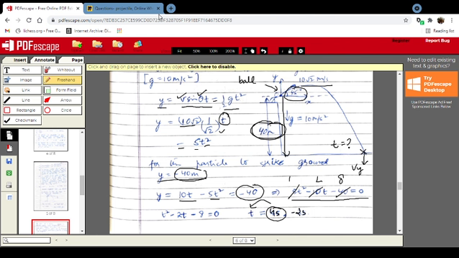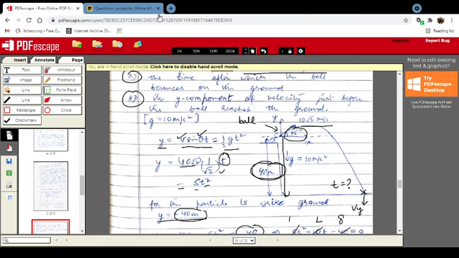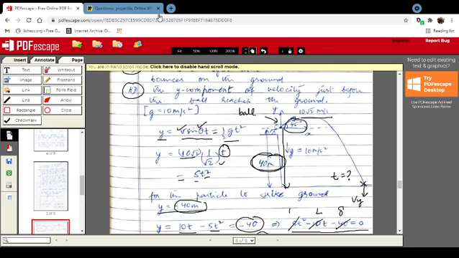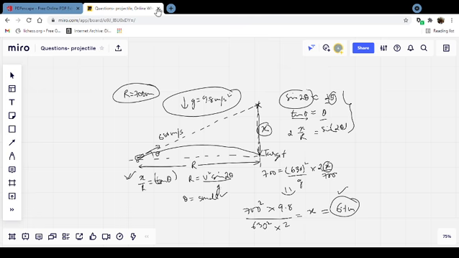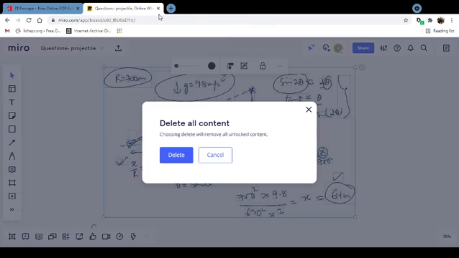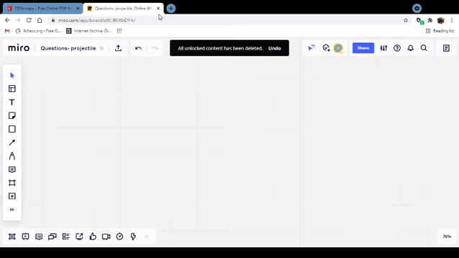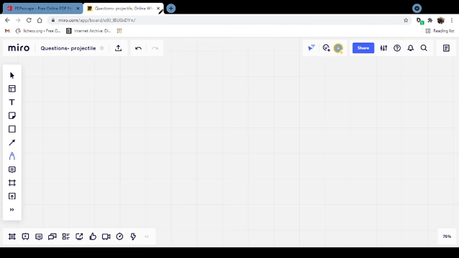The next part of the question is: what is the y component of velocity just before the ball reaches the ground? Here also this fact comes into play. In the second part of the question we are again asked what the final velocity in y direction is. You won't write velocity in x direction; that we can calculate, but it's not relevant to us.